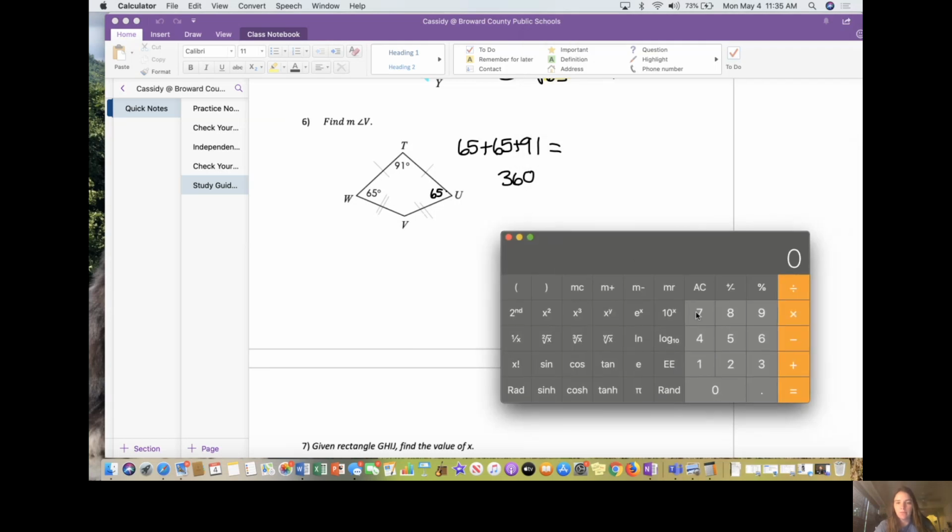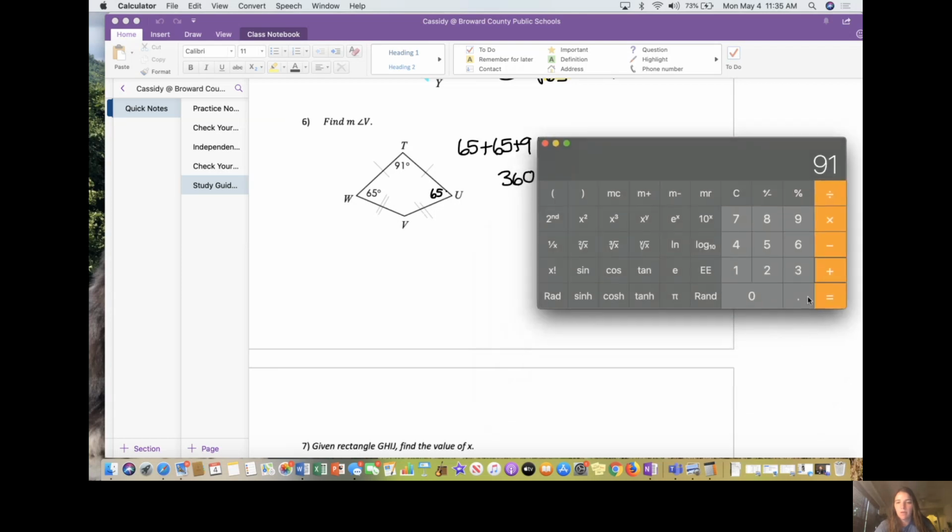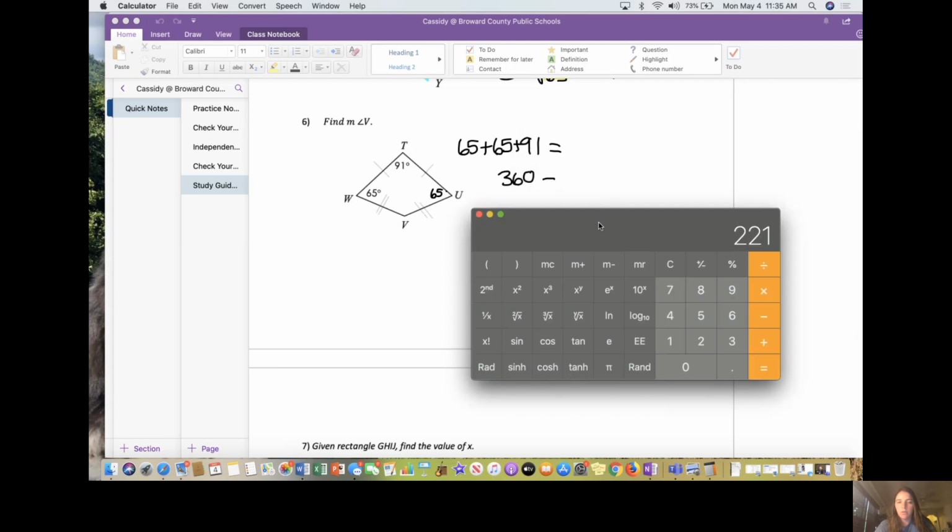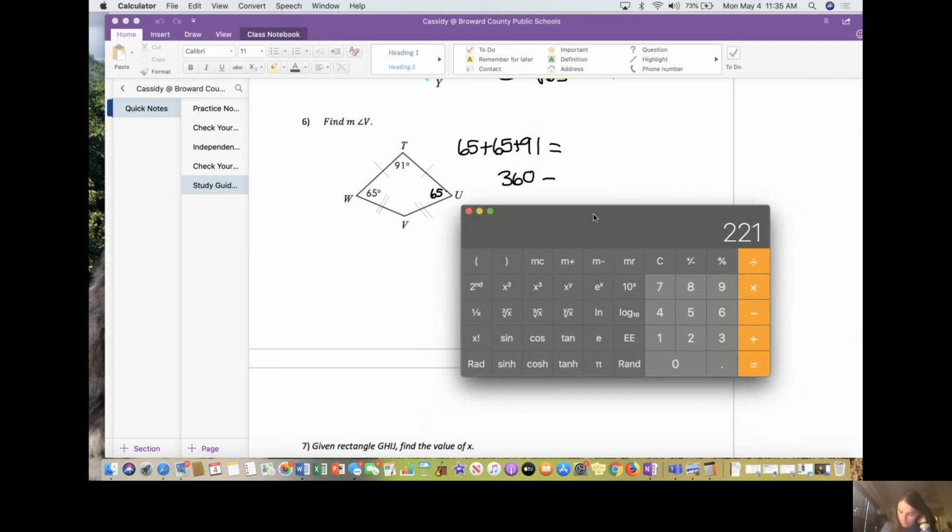So let's add those together. 65 plus 65 plus 91 equals 221. I'm going to write that down right there. That's W plus U plus T.